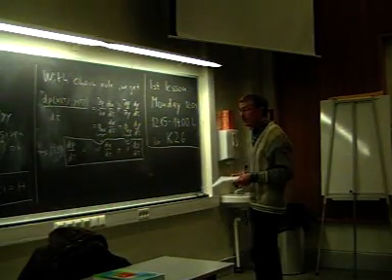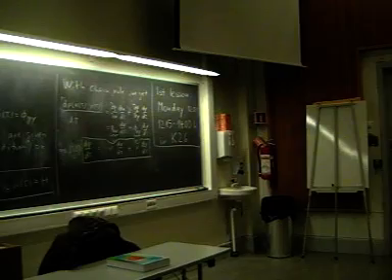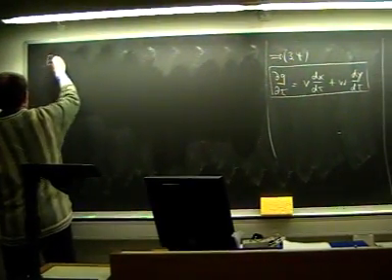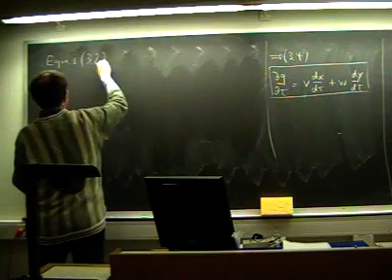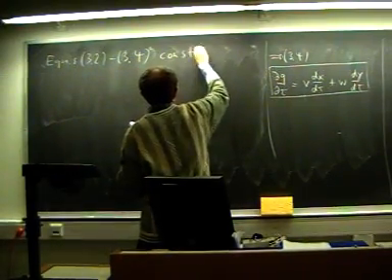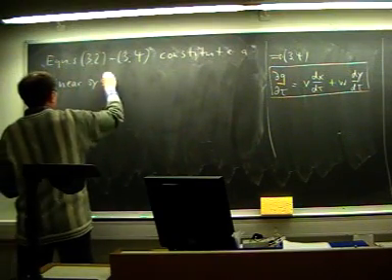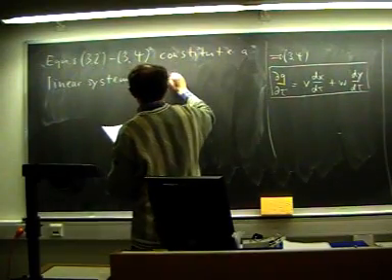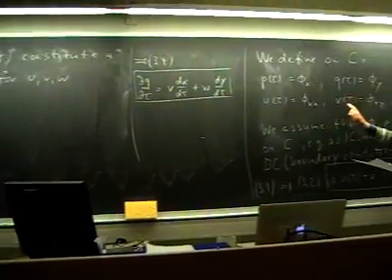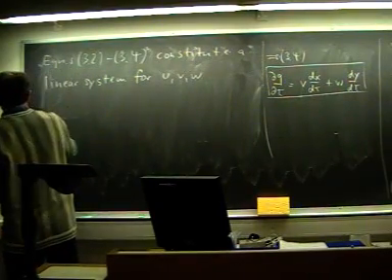So the equations 3.2, 3.3, and 3.4 constitute a linear system for our second derivatives, u, v, and w on the curve C. And in matrix form, we can write that in the following way.